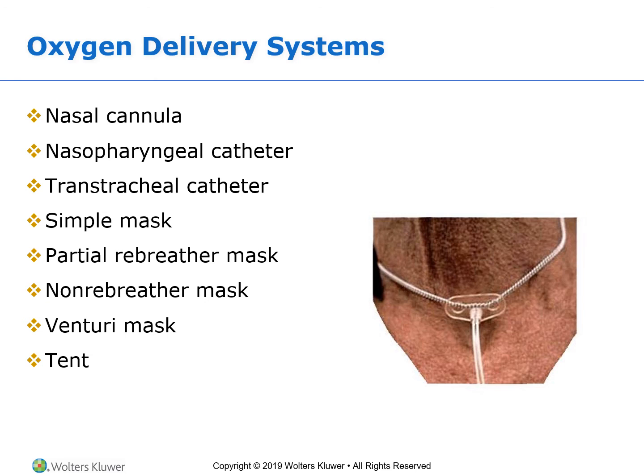Non-rebreather delivers the highest concentration through a face mask. Okay, and that's to a patient that's breathing spontaneously on their own. It's like the partial rebreather mask in that there's 2 one-way valves that prevent the patient from rebreathing the exhaled air, and the reservoir bag is filled with oxygen that enters the mask on inspiration.